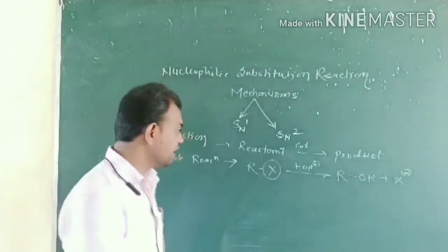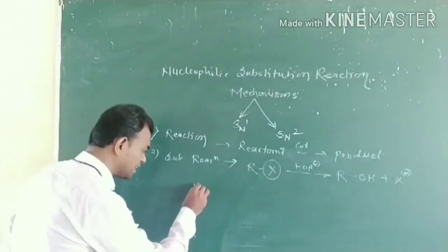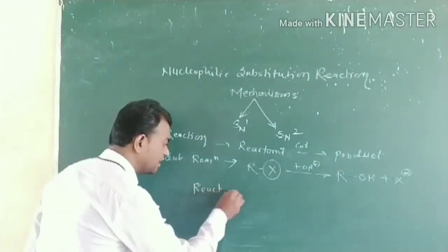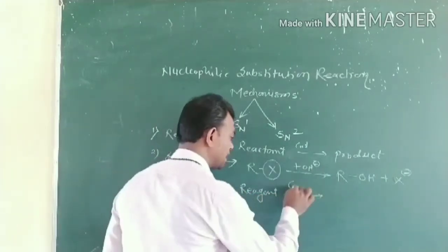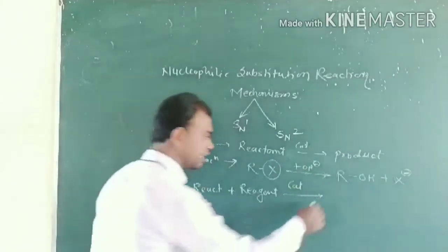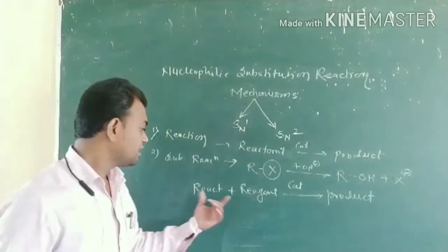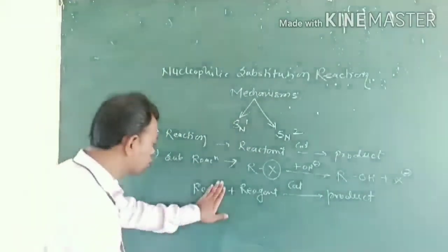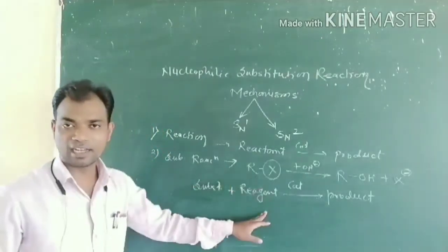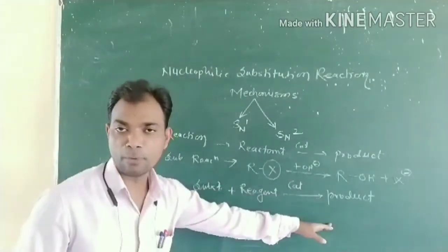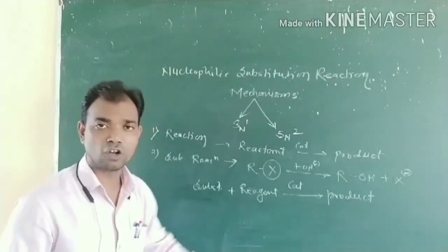The reaction can be simplified by the definition: a reactant reacts with a reagent, in presence of catalyst or in absence of catalyst, to form the product. Here the reactant, also called the substrate, reacts with the reagent to form the product.